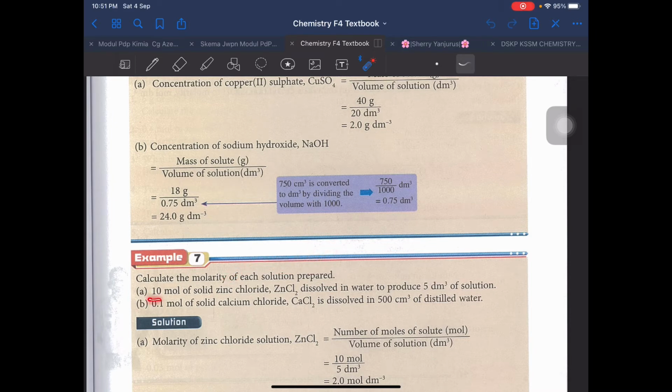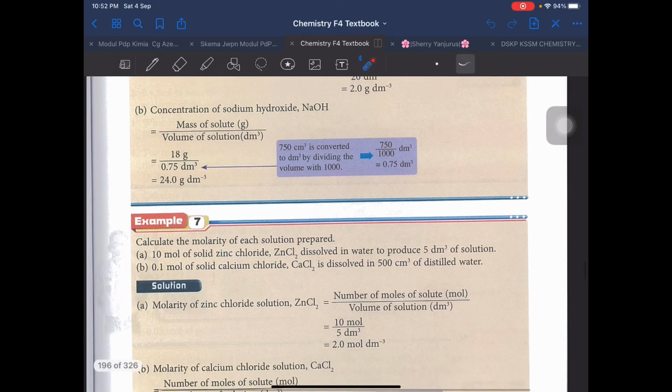Okay, so 10 mole of solid, dia bagi mol zinc chloride dissolved in water to produce 5 cubic decimeter of solution. Kita mau kasih larut zinc chlorida sebanyak 10 mol di dalam air sebanyak 5 cubic decimeter. Jadi berapakah kepekatan pepejal itu bila sudah larut dalam air?